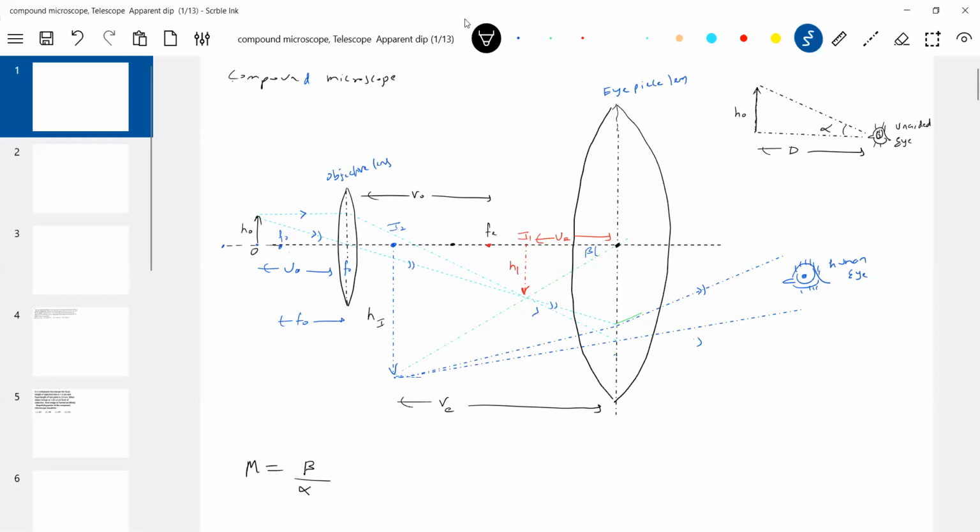I think it's quite clear. Look at this triangle: beta is H1 by UE. What is alpha from this triangle? HO by D. So this will become H1 by HO times D by UE. Now what is H1? Here we define this theta.